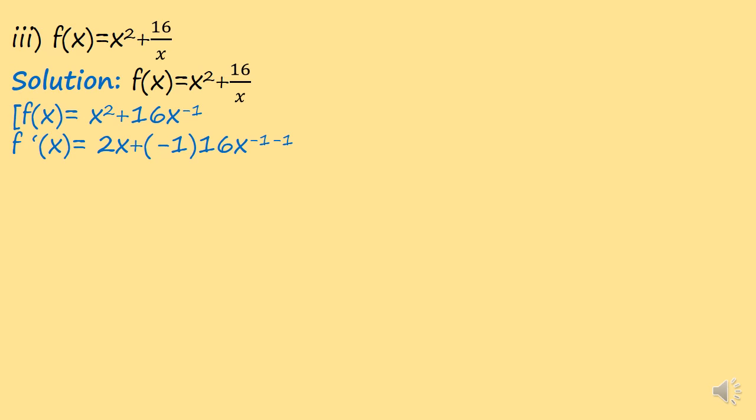So minus 1 into 16 x raised to minus 1 minus 1, which turns out to be 2x minus 16 x raised to minus 2. Now this x raised to minus 2 can be taken in the denominator and it becomes like this. So this is the answer. So f dash of x becomes 2x minus 16 upon x square. That is how we get the answer.